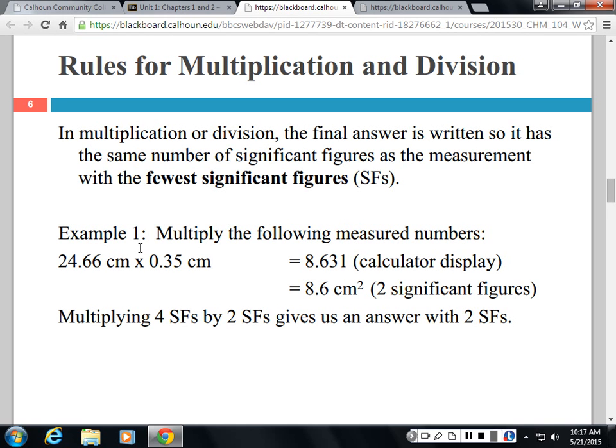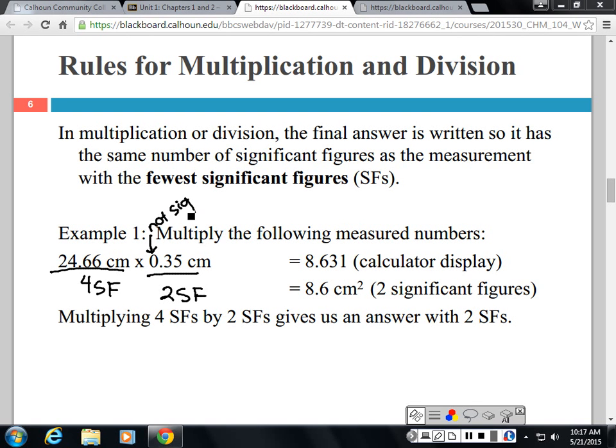So if you look here, we have 4 significant digits, and we have 2 significant digits, or sig figs. Remember that leading zeros are not significant. Therefore our answer can only be reported to 2 significant digits because that's the fewest number.